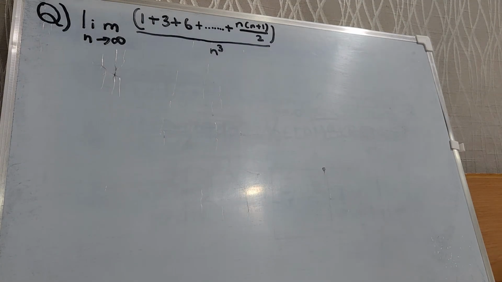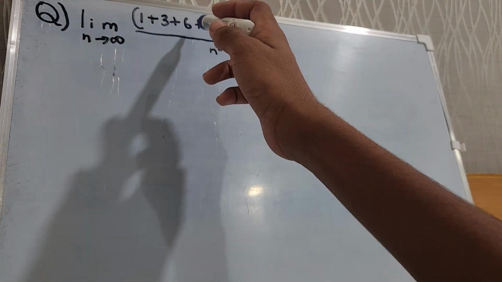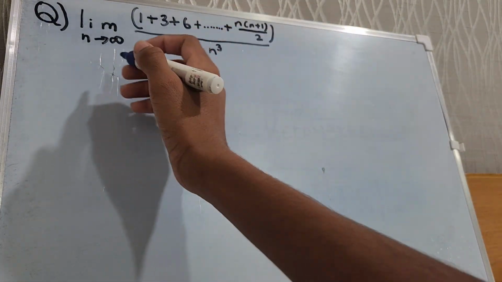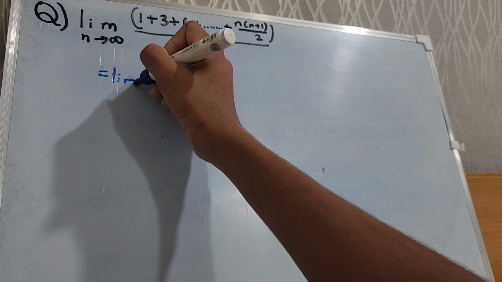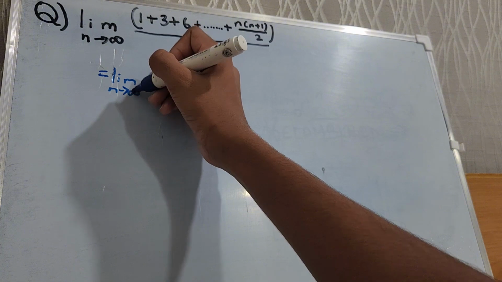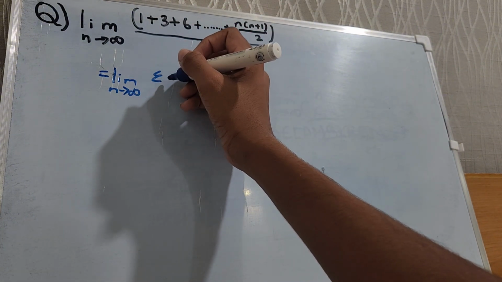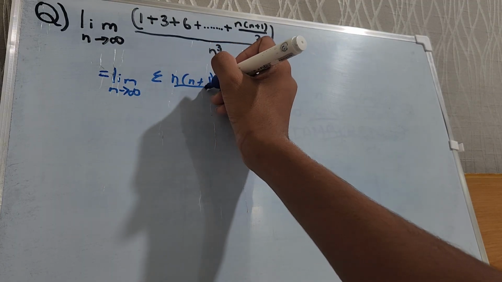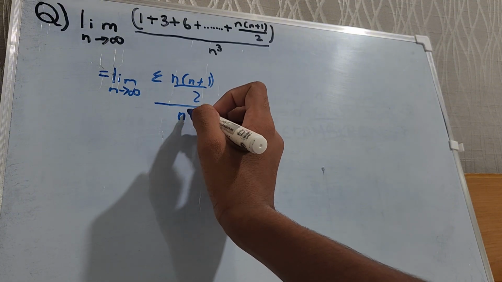Okay, next question. Limit n tends to infinity 1 plus 3 plus 6 plus and so on plus n into n plus 1 by 2, all by n cube, is equal to limit n tends to infinity sigma n into n plus 1 by 2 by n cube.